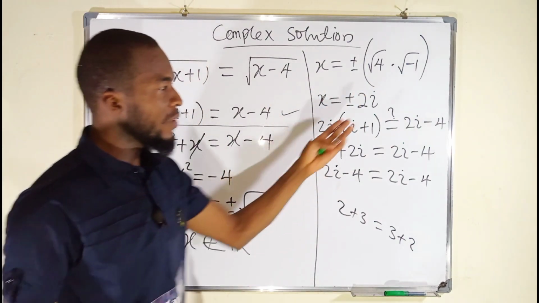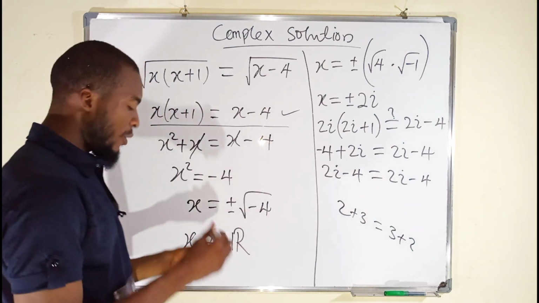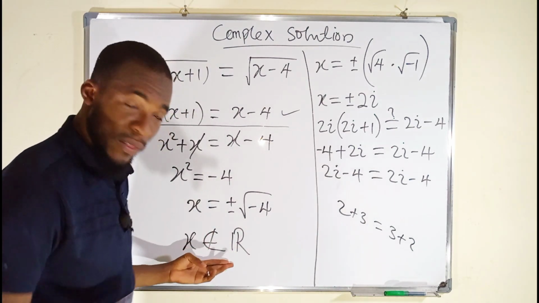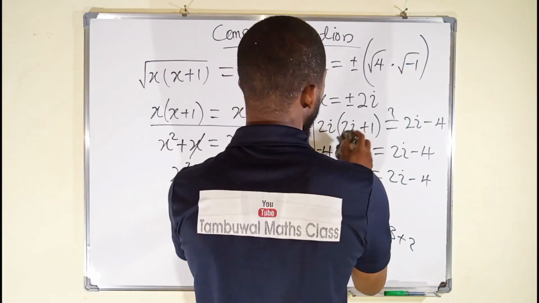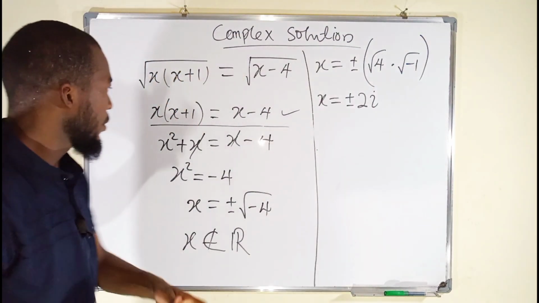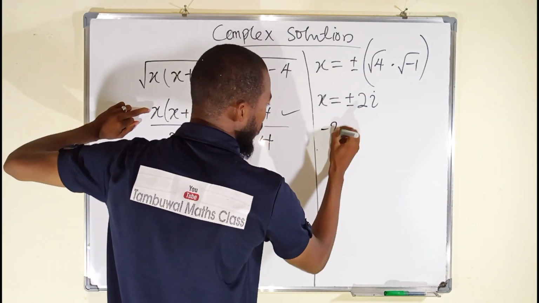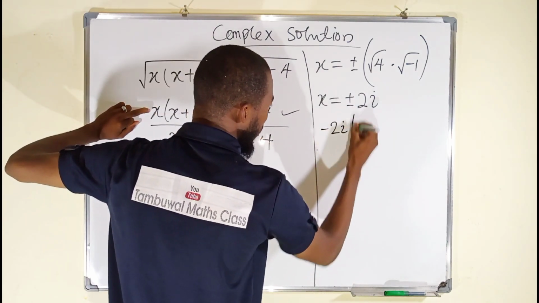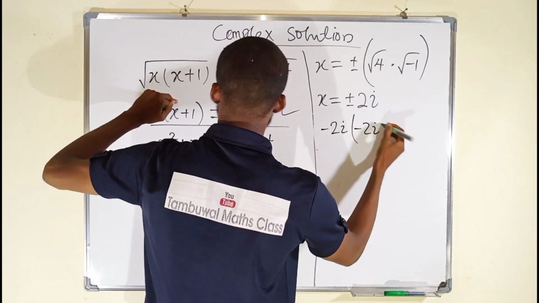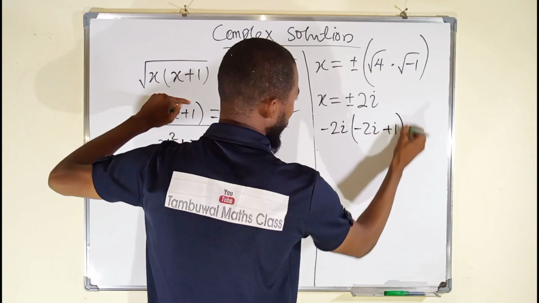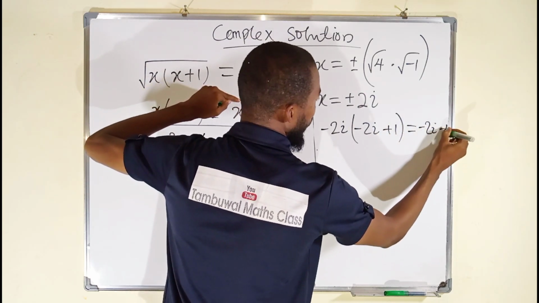If you like, you can test for negative 2i to see whether it will satisfy the equation, but we have already seen that x does not belong to the set of real numbers. Here we have negative 2i, inside we have negative 2i plus 1, and to the right we have negative 2i minus 4.